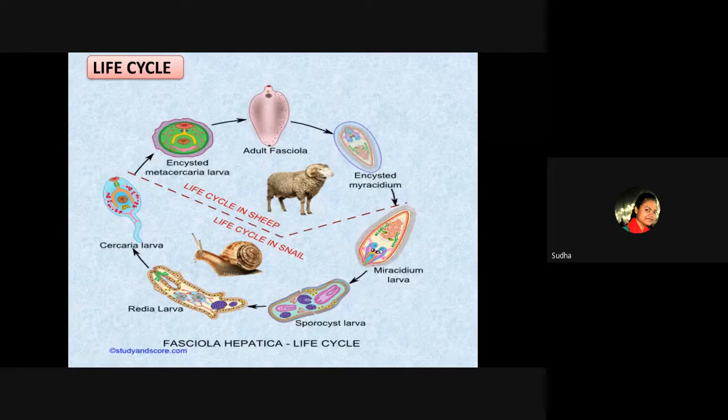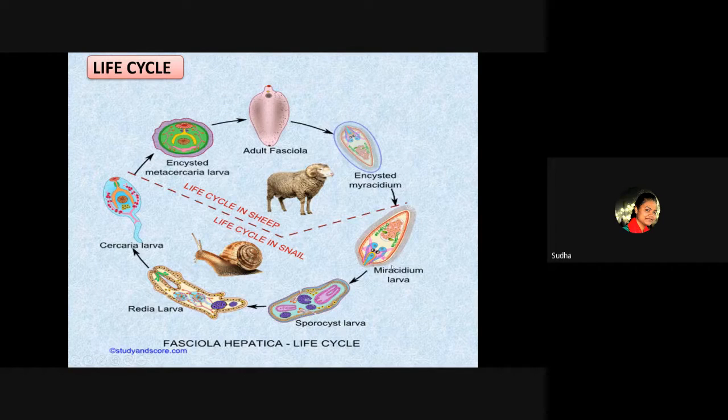So if it has access to any gastropod, any snail, and especially in this case Limnaea, it will infect the snail's body. It will enter the body and change from the miracidium larva to the sporocyst larva.